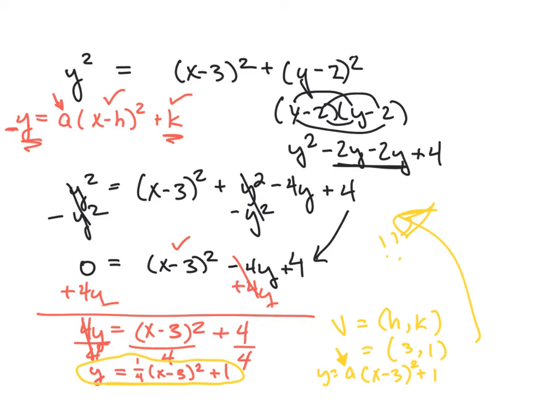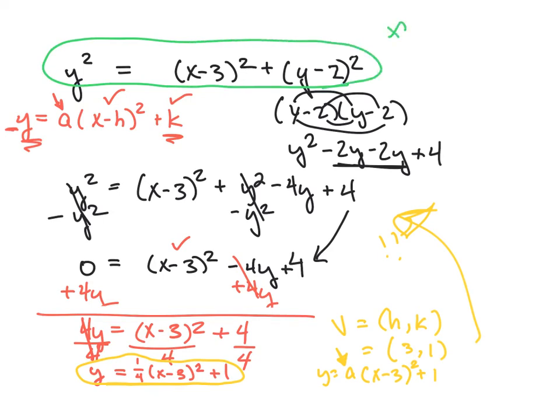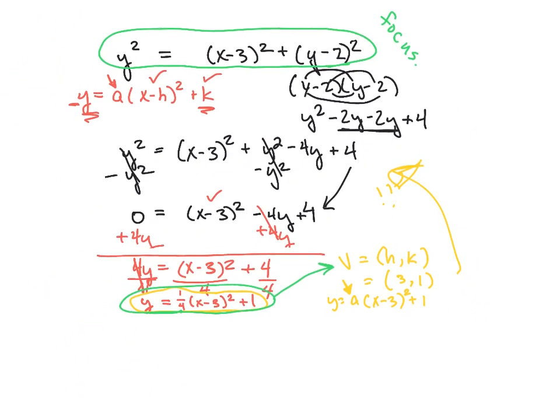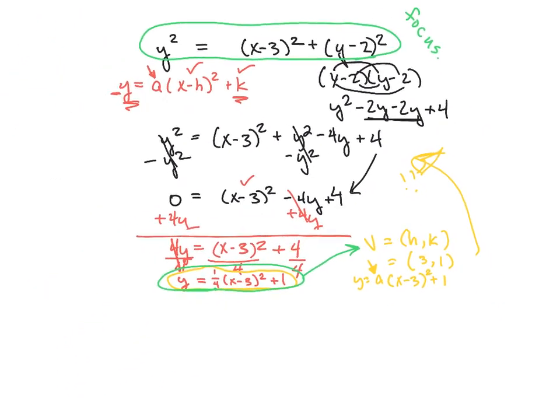Before we go back though, really quick, in this equation, the 3 and the negative 2 were obtained by the focus. And in this equation, the 3 was obtained by the vertex. Why is that? Well, interestingly enough, I just need a little bit more space.